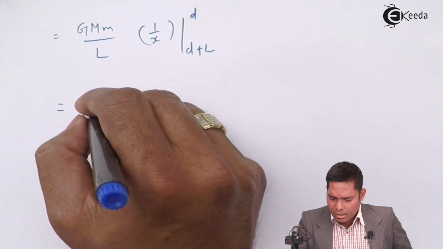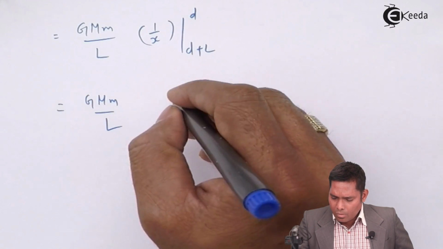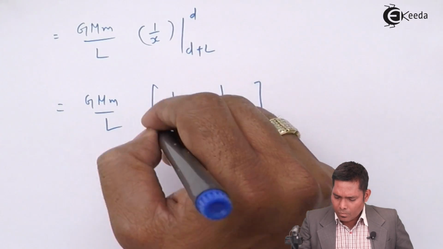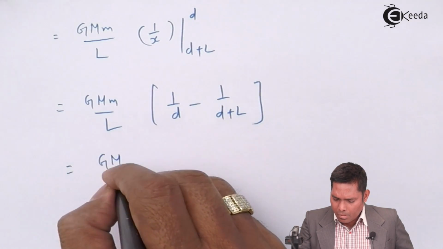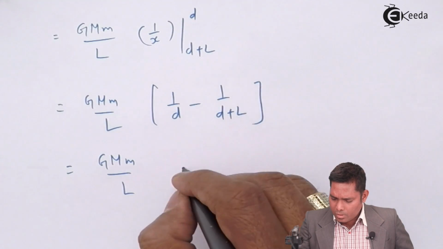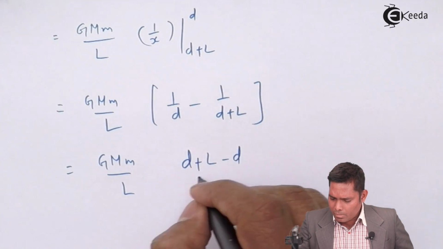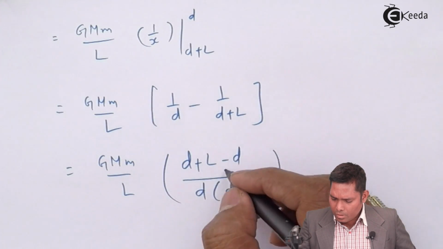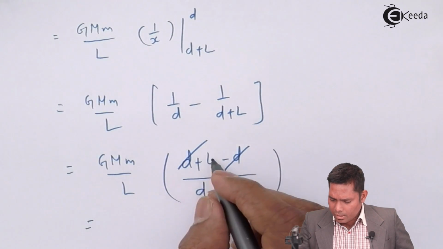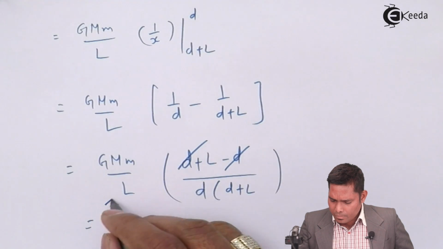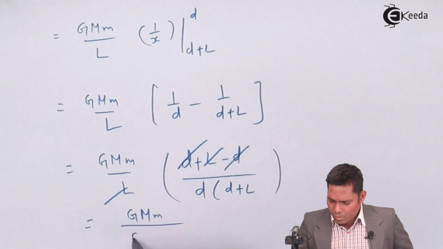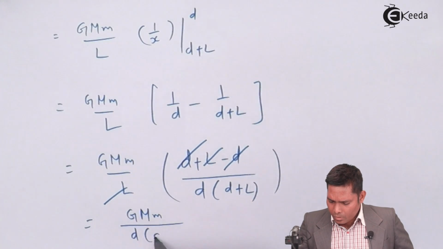So it is G m m over L times 1 over d minus 1 over d plus L. Solving this, G m m over L, this is d plus L minus d divided by d into d plus L. The L and L will cancel. What is left is G m m over d into d plus L.